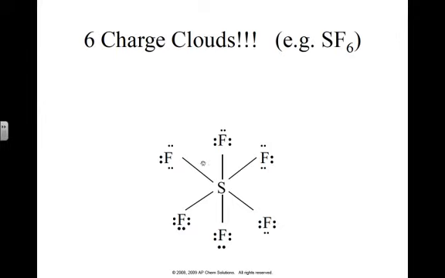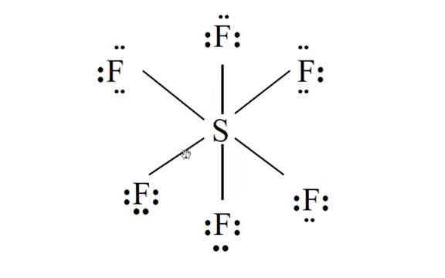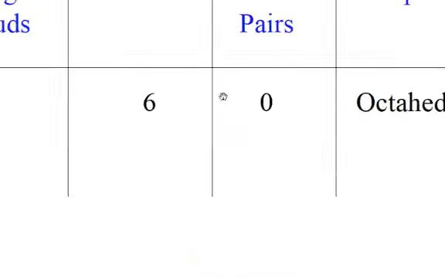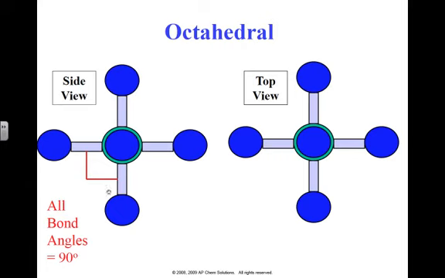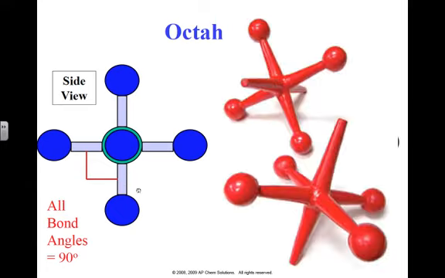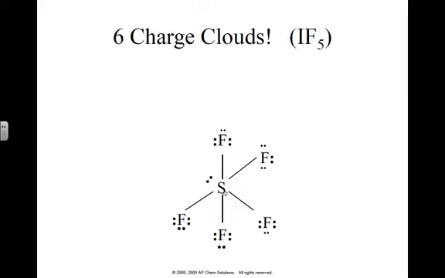The last one is when we have 6 charged clouds. 1, 2, 3, 4, 5, 6. Sulfur hexafluoride. Has 6 charged clouds, 6 domains, 6 bonds, 0 lone pairs, and we call that shape octahedral. All the bond angles are 90 degrees. Looks like a jack. If I take one of these guys off, then I still have 6.